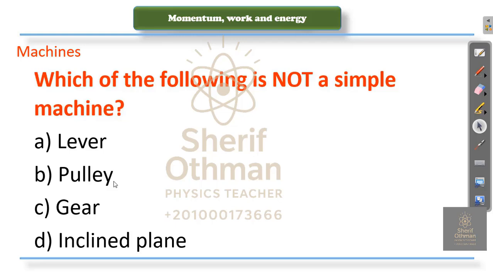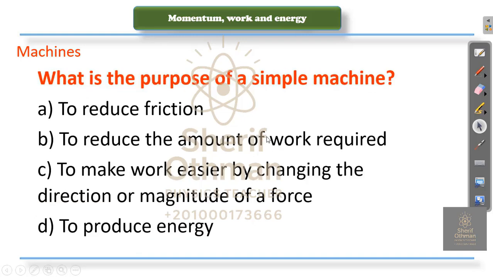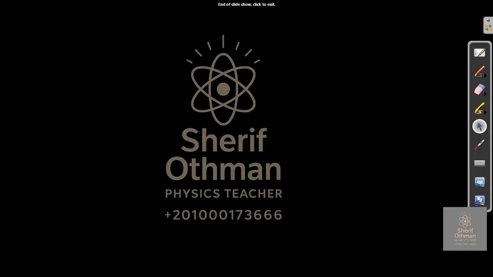So the gear is a compound machine, not a simple machine. What is the purpose of a simple machine? We said it is to make the work easier by changing the direction or magnitude of force, not by changing the work. The work is constant.